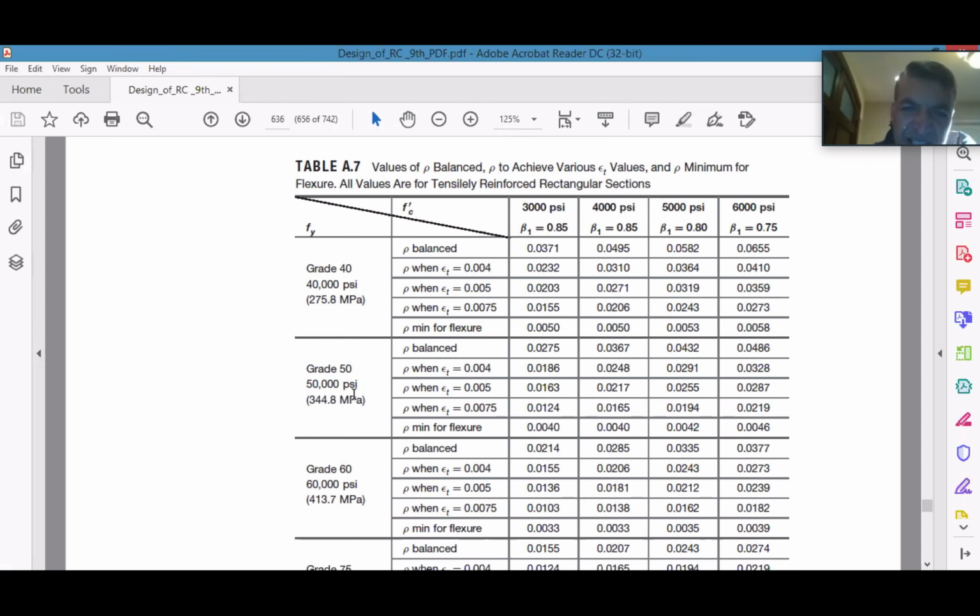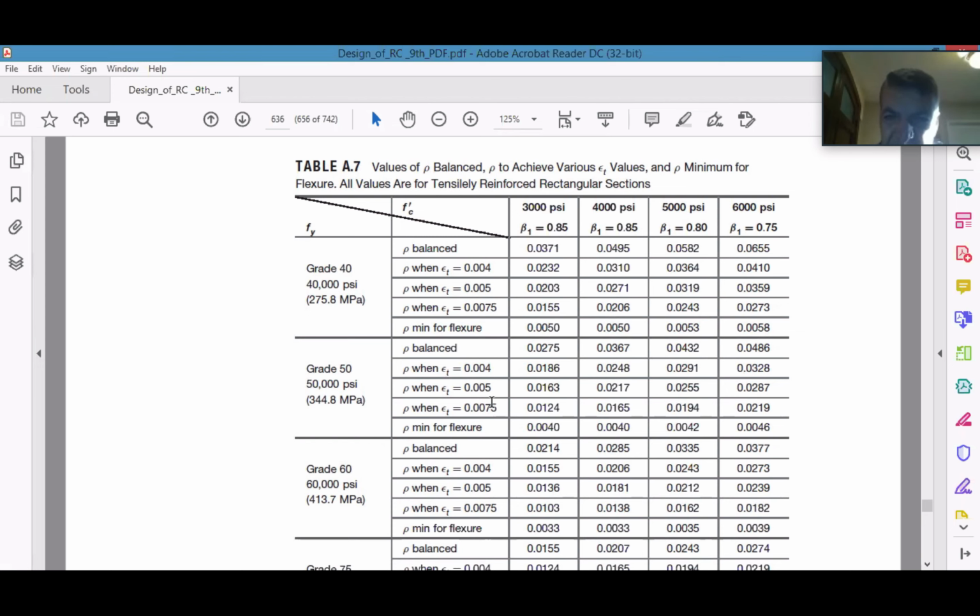Grade 50 is this. Grade 60, that's where we're gonna be all the time. We don't use these for structures. Grade 60 is 60,000 psi. So we're gonna be in this row and one of these columns. Most of the time is this 4,000. In this course, you're not gonna see 5,000 or 6,000. You're gonna see either 3 or 4. So 4 is most of the time.